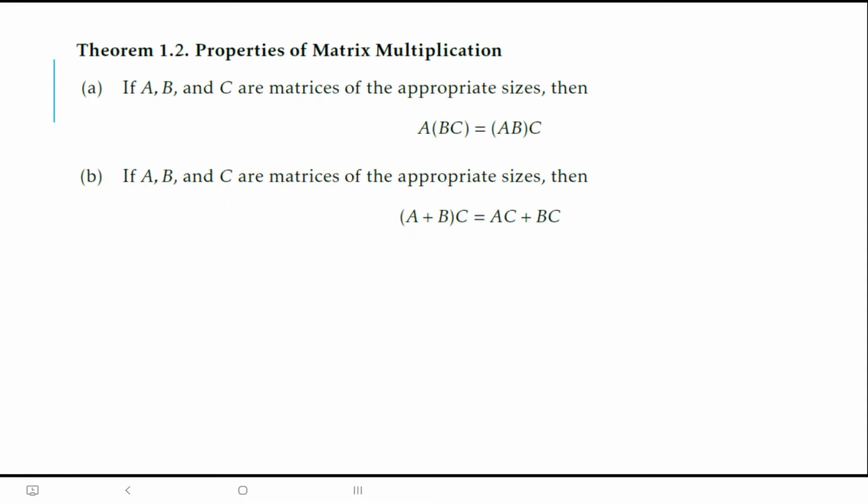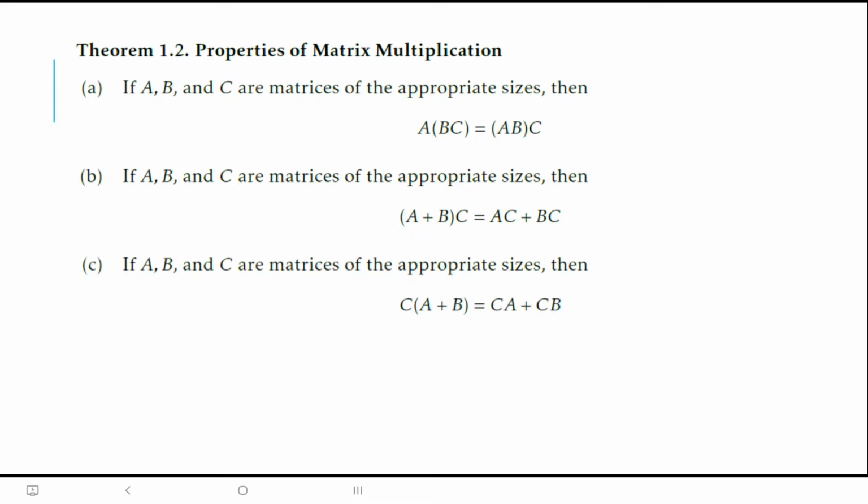And then next we have, so again, if A, B, and C are matrices of appropriate sizes, we have here parang yung distributive property of multiplication over addition. Parang ganun siya, no? Sa real numbers yon. Pero as we can see, applicable din pala siya sa matrices. That is, if we have A plus B times C, this is just equal to AC plus BC. Okay.